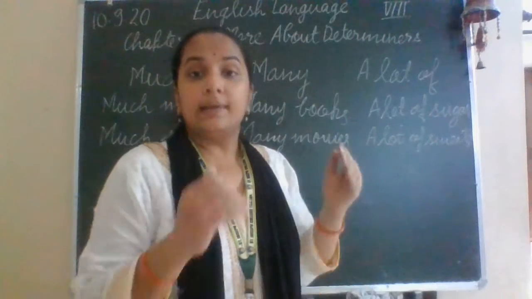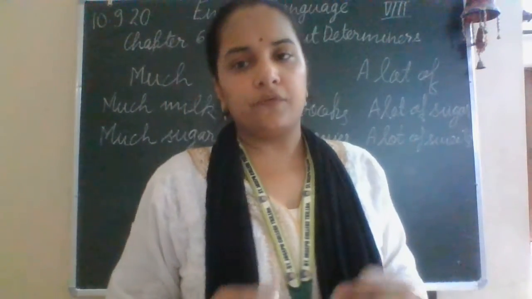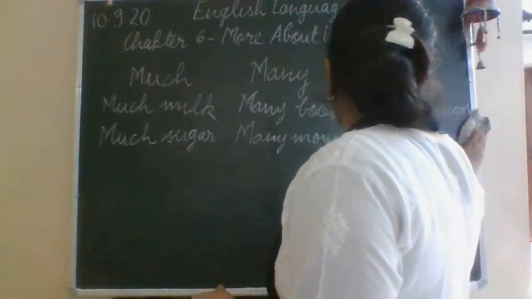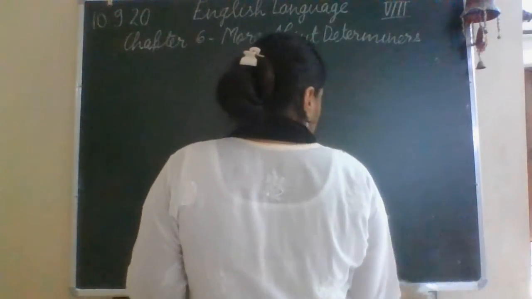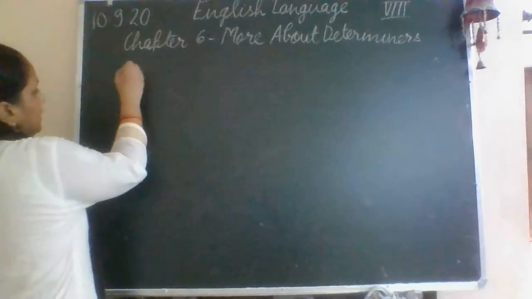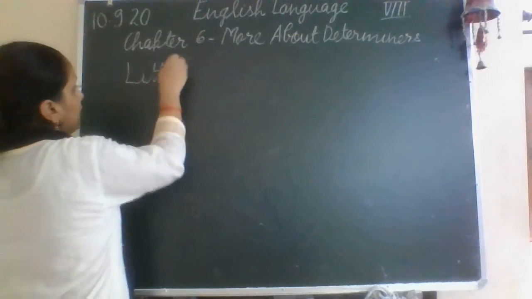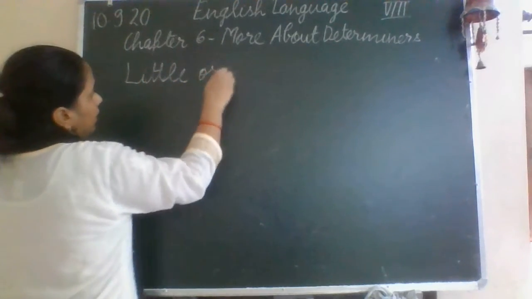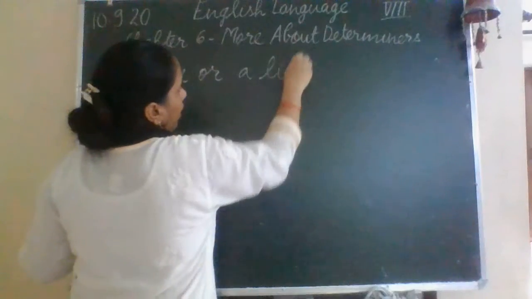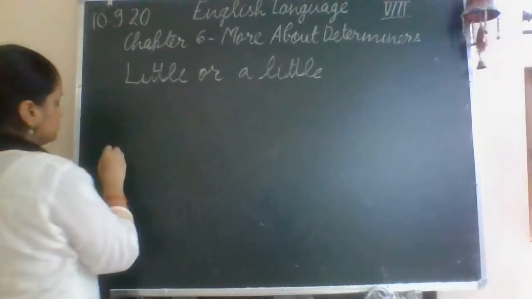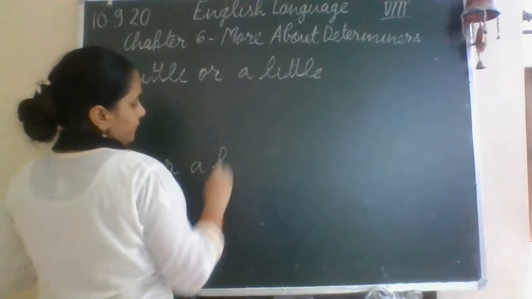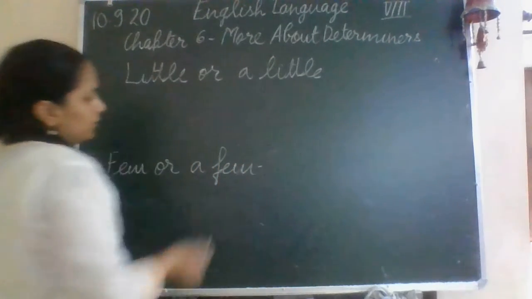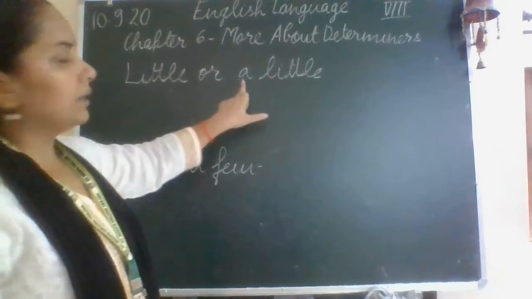The next is little, a little, few, and a few. Whenever we are using an article also with the determiners, how can we use them? It is about little or a little, and few or a few. What is the difference? Only a.